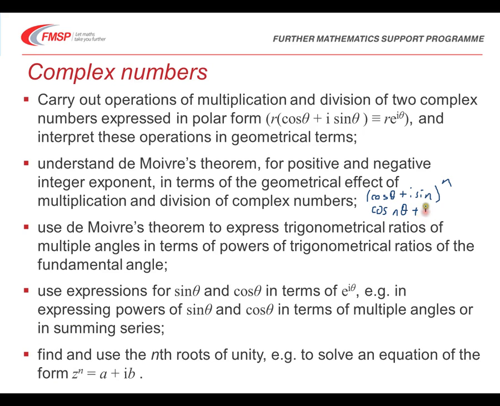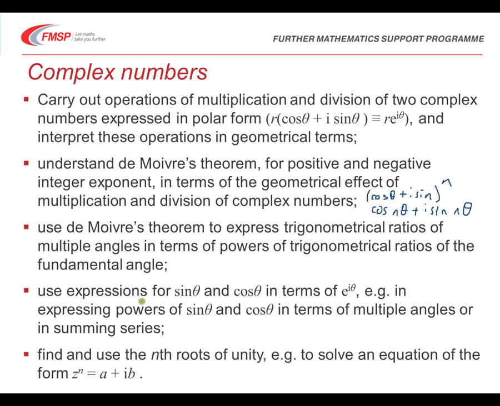You should also understand how that can be used to solve standard trig problems in terms of multiple angles and similar type things that you might have met in things like C3 and C4.